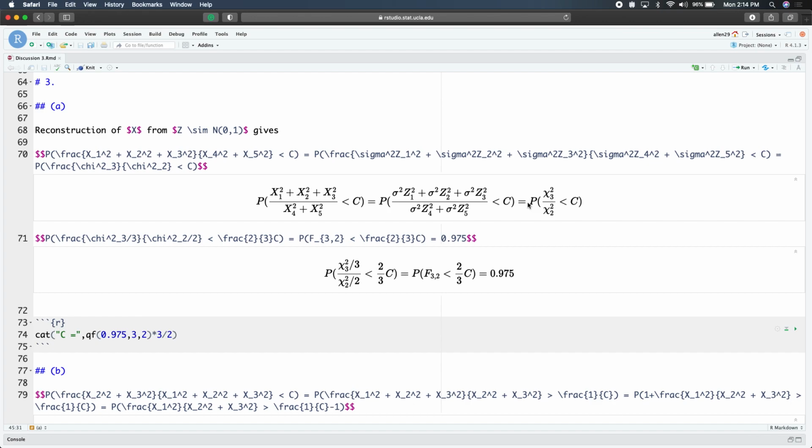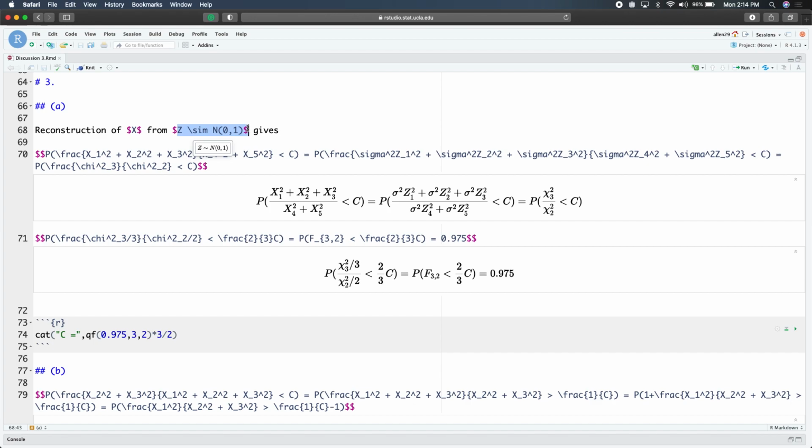Yeah. From here to here, it's basically applying a number of properties. For a chi-square with n degrees of freedom, you can construct such a random variable by drawing standard normal Z, sampled from normal 0 and 1, taking the square, and summing over multiple copies.